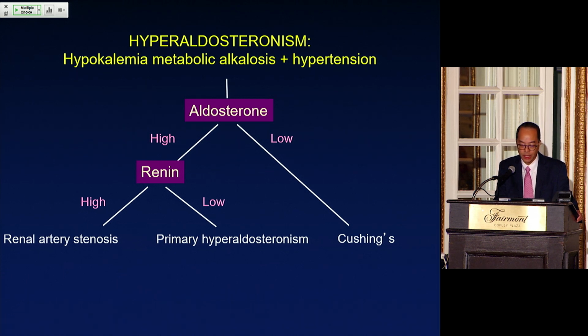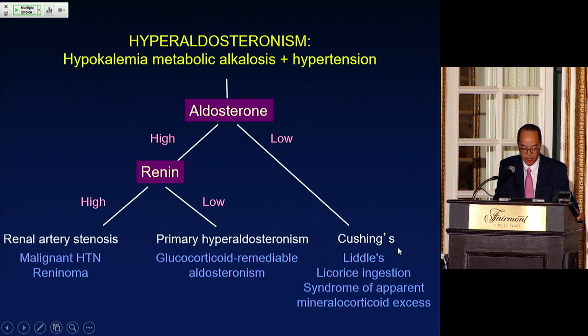The reason that it doesn't under normal conditions is because cortisol in the collecting duct is metabolized by an enzyme that degrades it. But if you generate enough cortisol, then that overcomes that degradation and causes hyperaldo-like symptoms. And in this particular patient, that would be the first thing to suspect.